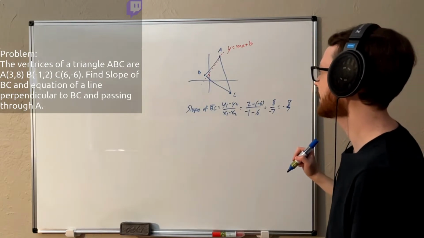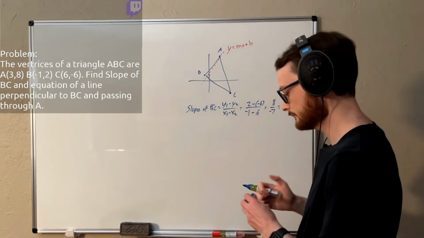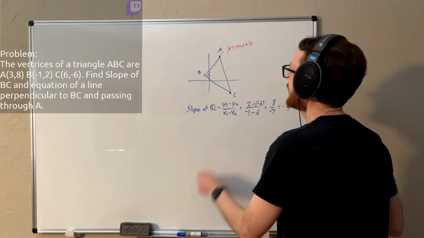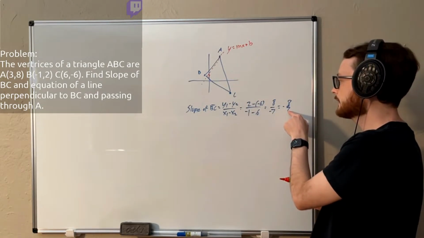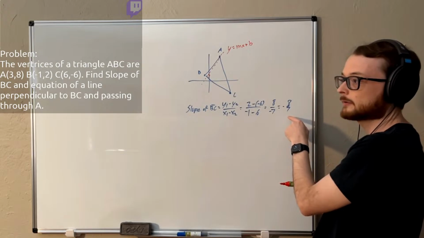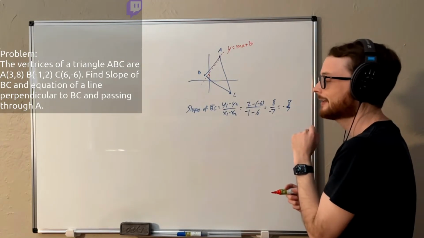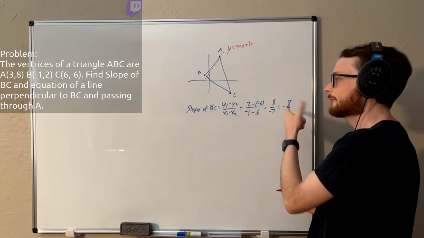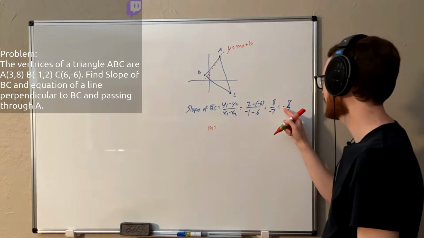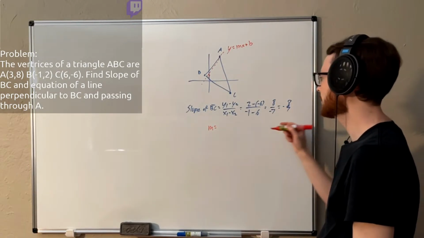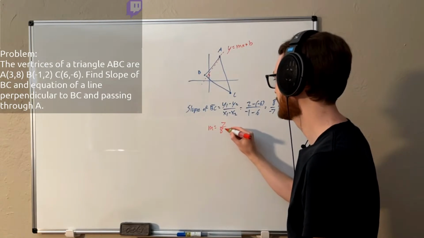If we want the slope of this m here, we flip the sign and we flip the fraction. So since m is perpendicular, the negative turns positive, and 8/7 becomes 7/8.